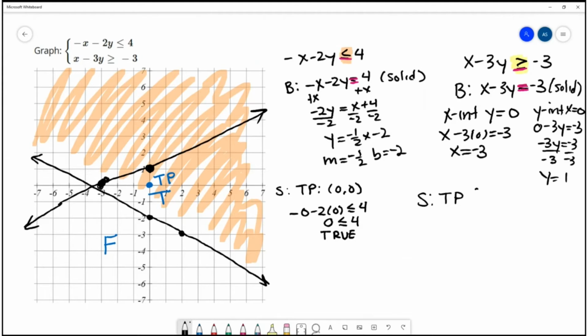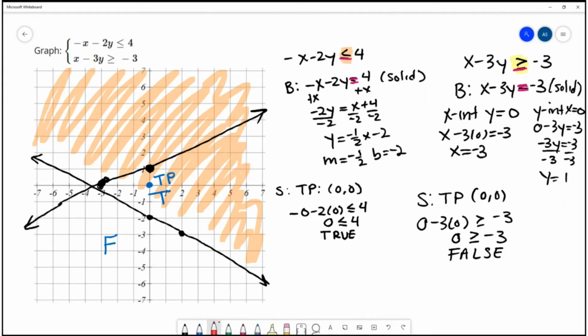So I'll choose 0, 0 again, and we're going to substitute it into the inequality. 0 minus 3 times 0 is greater than or equal to negative 3. We get 0 is greater than or equal to negative 3. And that is a false statement. 0 is not greater than or equal to negative 3.